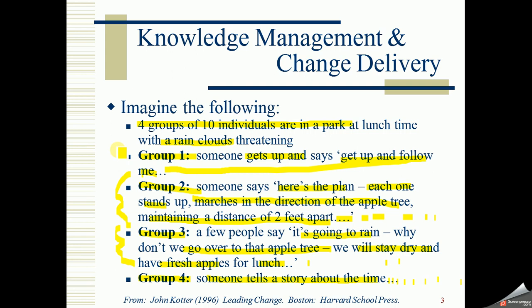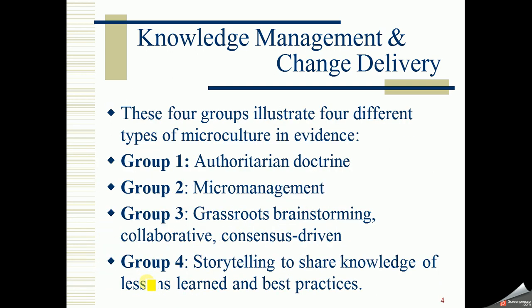So these 4 groups illustrate different kinds of microcultures in evidence. The first group illustrates an authoritarian doctrine, someone who wants to impose his or her thinking on a group of people.